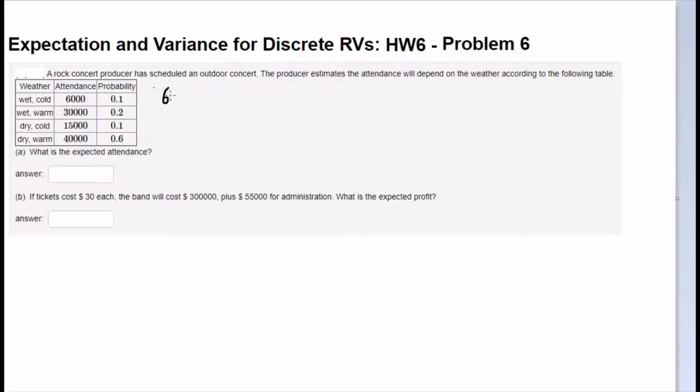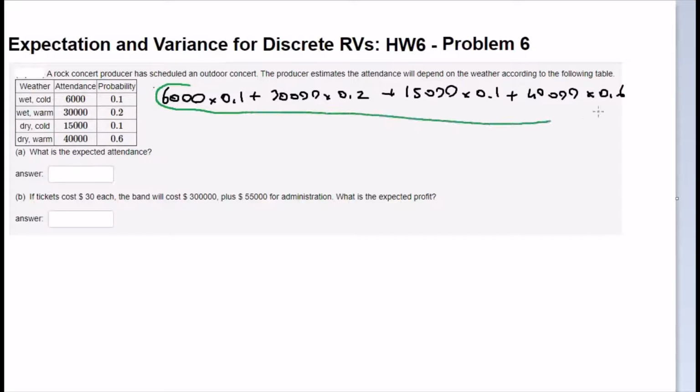So it's going to be 6,000 times 0.1 plus 30,000 times 0.2 plus 15,000 times 0.1 plus 40,000 times 0.6, which will be the mean or expectation.